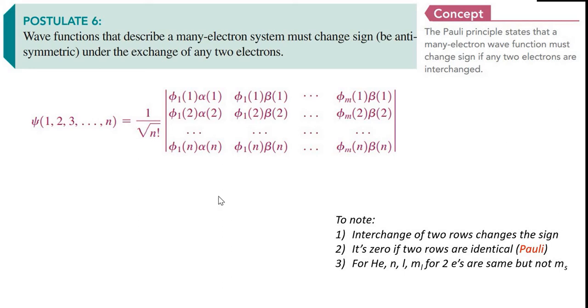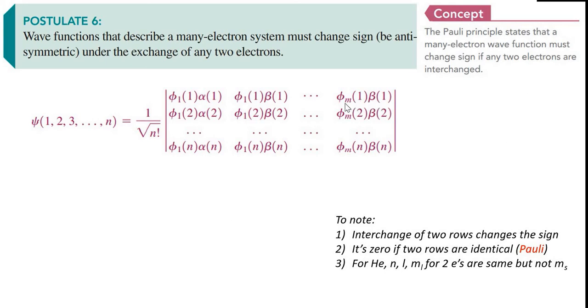Now you are arranging or accommodating the electrons in a matrix, I mean a determinant. In the first row you observe phi 1, then phi 2, then phi 3, up to phi m, coming in pairs. Why pairs? Because for phi 1, one is alpha and one is beta; then phi 2, one is alpha, one is beta; then phi 3, phi 4, up to phi m, one alpha and another beta.